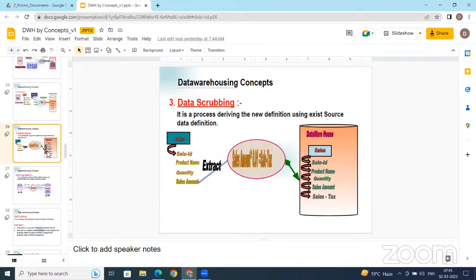We do not receive sales tax from the source, but we need that column in the target. So in the transformation layer, 1% of the sale amount will be the sales tax. So we derive the data.